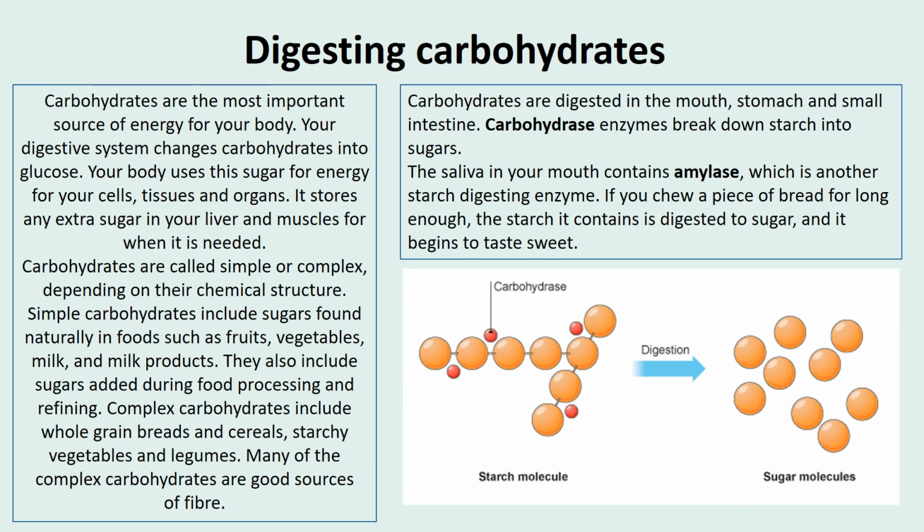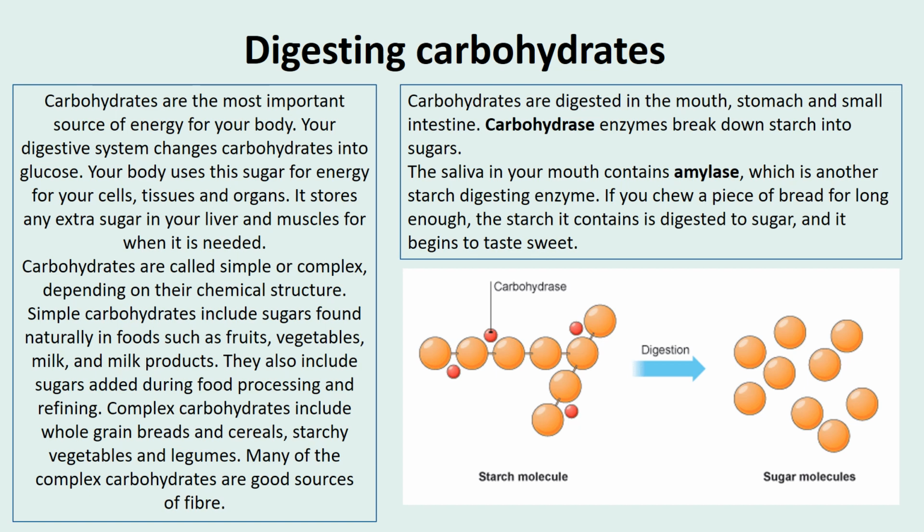Now, an example of a carbohydrase is amylase. Okay, now amylase is one that specifically breaks down starch, and it breaks down starch into glucose. So there's one carbohydrase you need to know about, that's amylase, and there's one, on the next slide, that breaks down protein that you need to know.